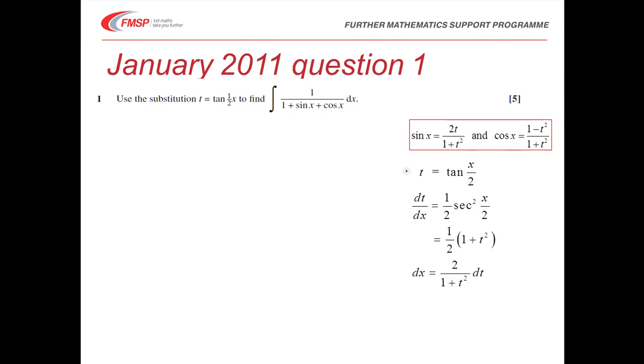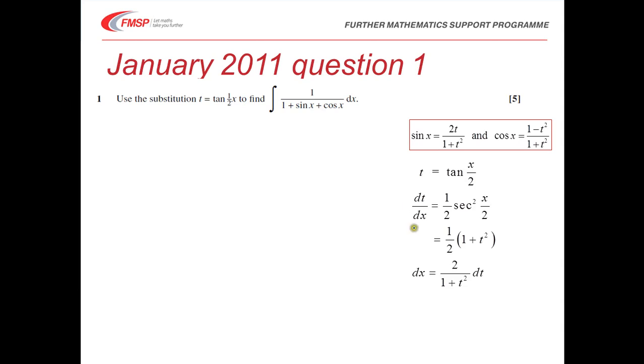And then this is the technique that we will need if we're going to use the tan x over 2 substitution. So t equals tan x over 2. So differentiate to get dt by dx, a half sec squared x over 2.